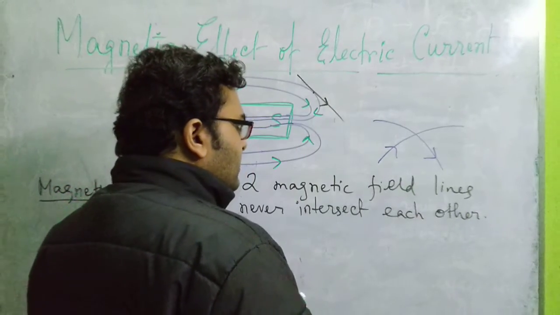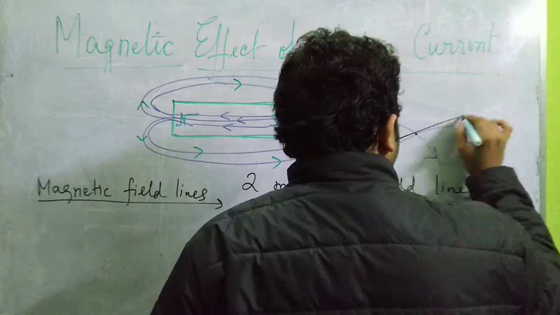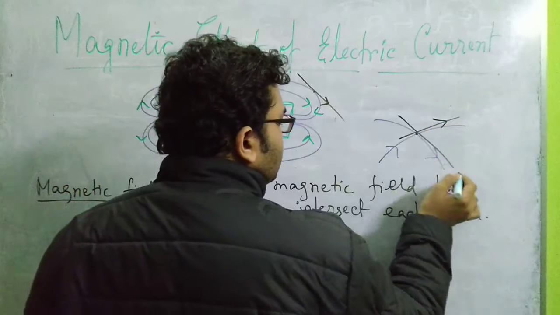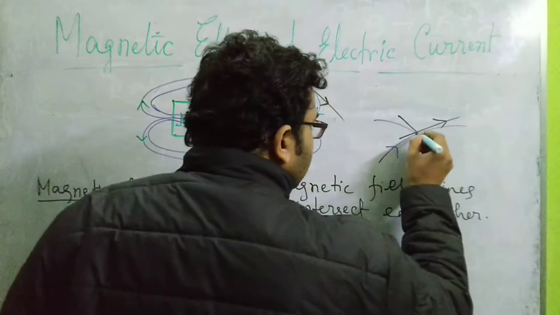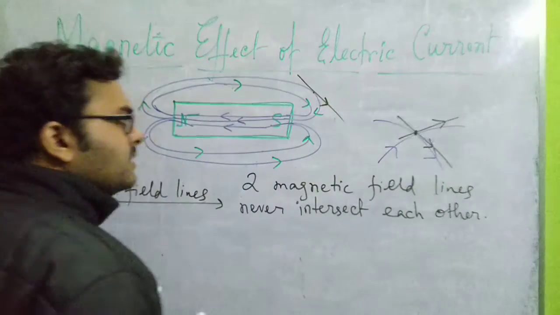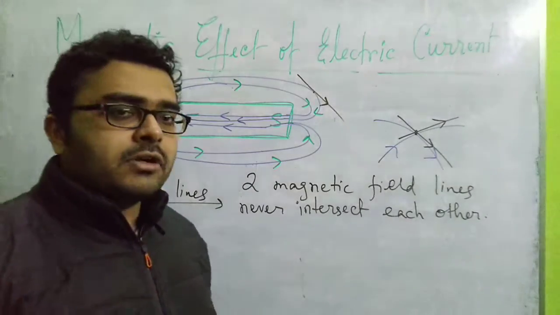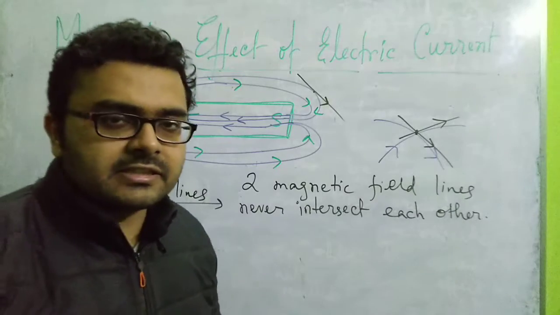Then at this point I can draw two tangents, one giving this direction of magnetic field and the other giving this direction. So at a single point you are getting two directions of magnetic field, which is not actually possible. Whenever two magnetic fields meet at a point, there is a net magnetic field, and accordingly there is only one directional magnetic field. So two magnetic field lines never intersect each other.